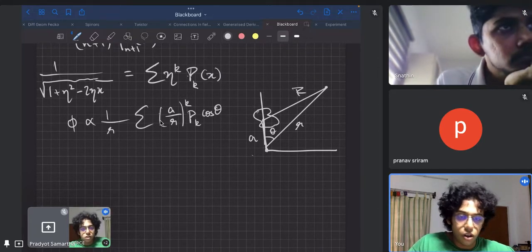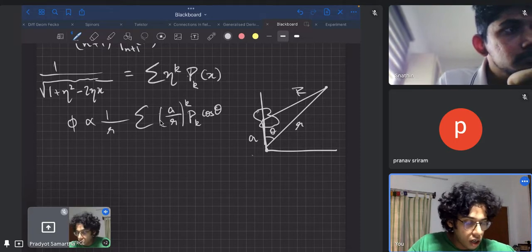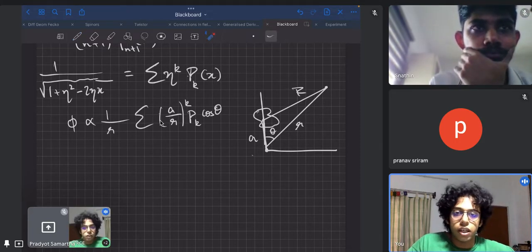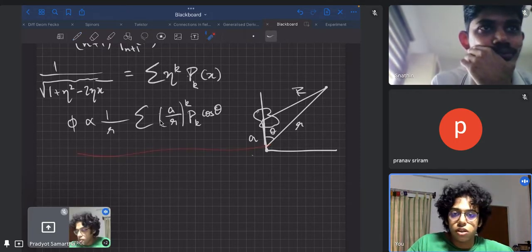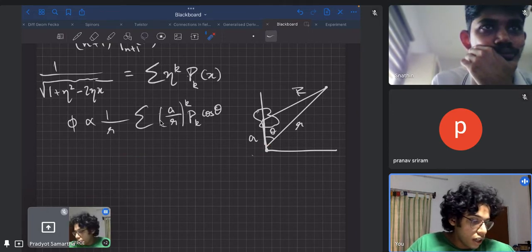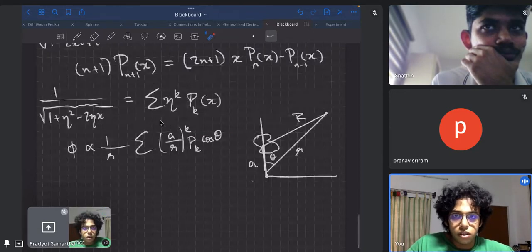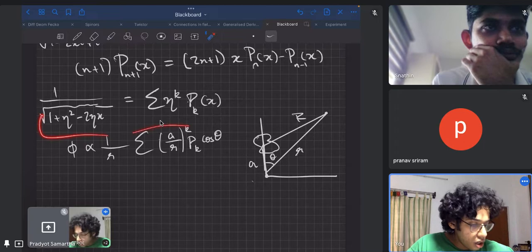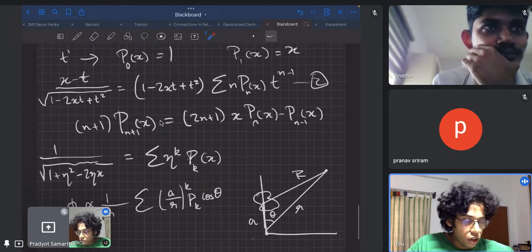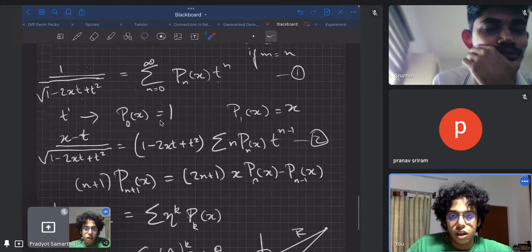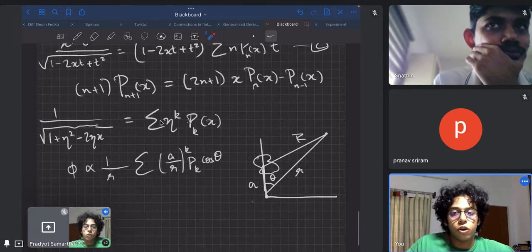Given this geometric picture, the assignment is to find out how you can write down this particular expansion in terms of your Legendre polynomials.